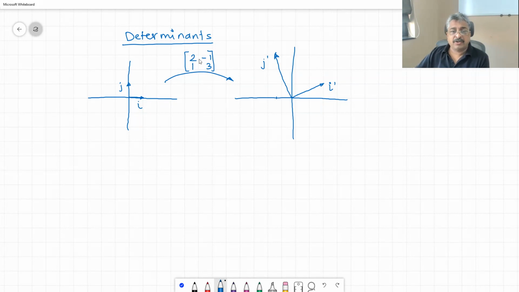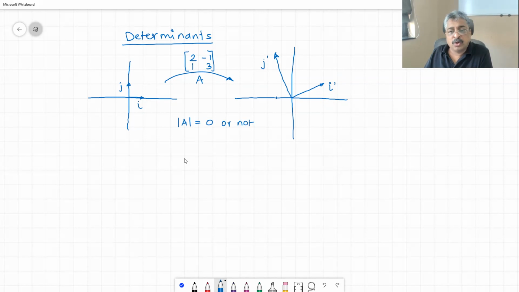Okay, and we were playing with the determinant of this matrix A when studying matrices, and we were really interested in finding out whether the determinant of A is equal to 0 or not.